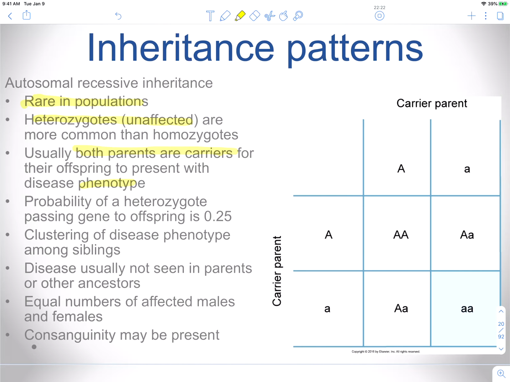Most often, the parents are not affected, and oftentimes they don't even know they have the gene until they have an offspring who presents with the actual trait. You have clustering of these phenotypes among siblings, and consanguinity may be present if this autosomal recessive trait is prevalent in a family tree.